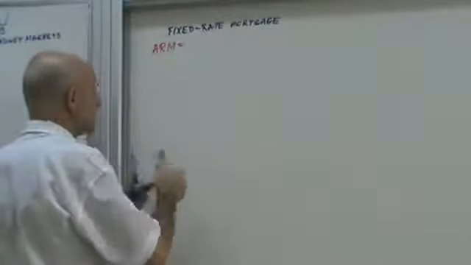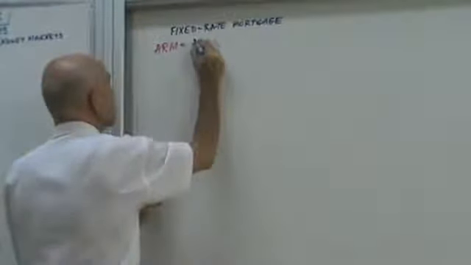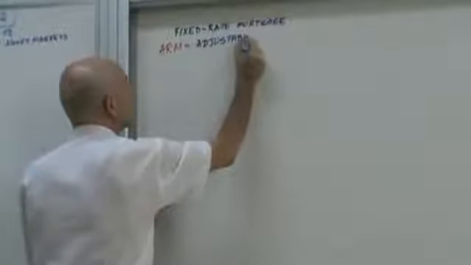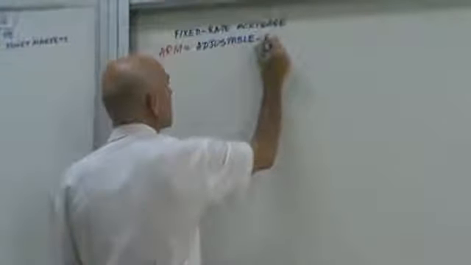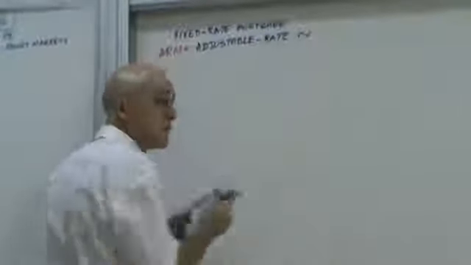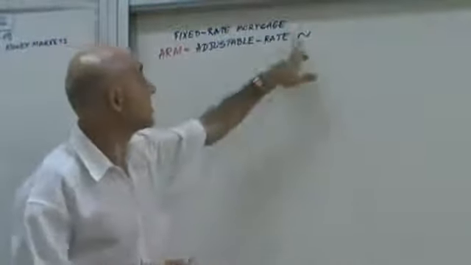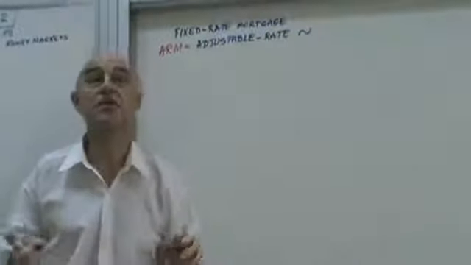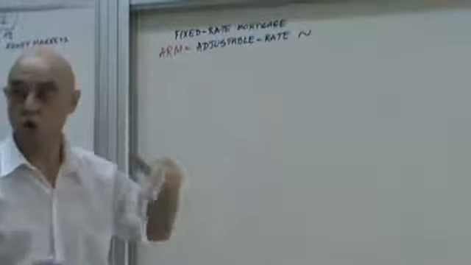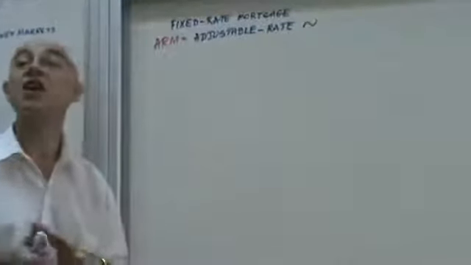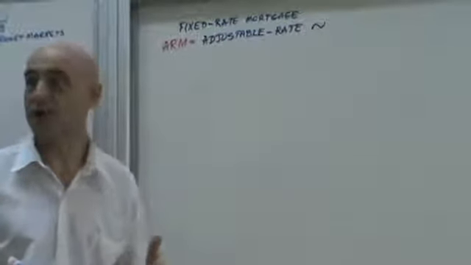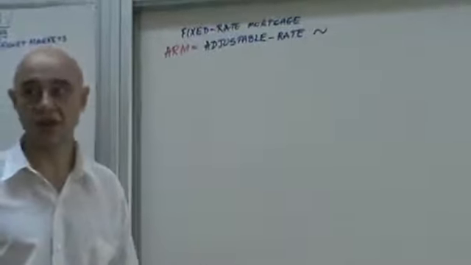And an ARM means adjustable rate. This sign is the same as the word above. Adjustable rate mortgage is a mortgage whose interest rate adjusts on a regular basis, usually once a year.